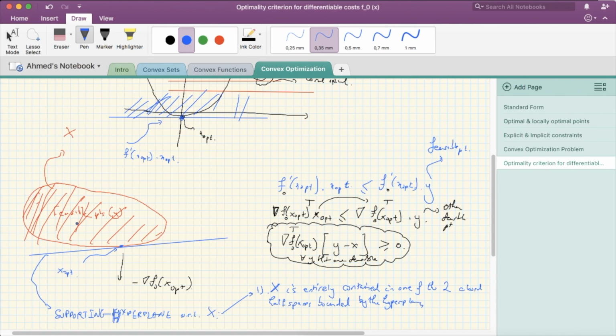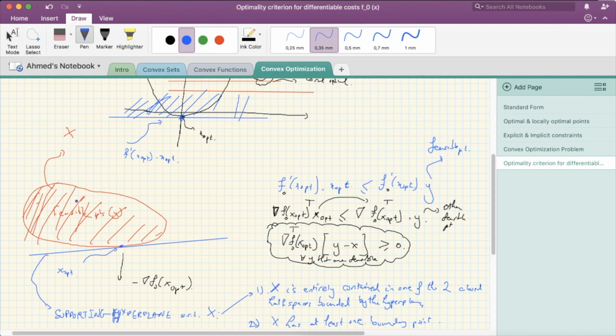The set should be either completely on the top or completely below the supporting hyperplane. And two, most importantly, X has at least one boundary point on the hyperplane. So there should be something in common between X and the hyperplane. You could see this as a generalization of a tangent towards sets.